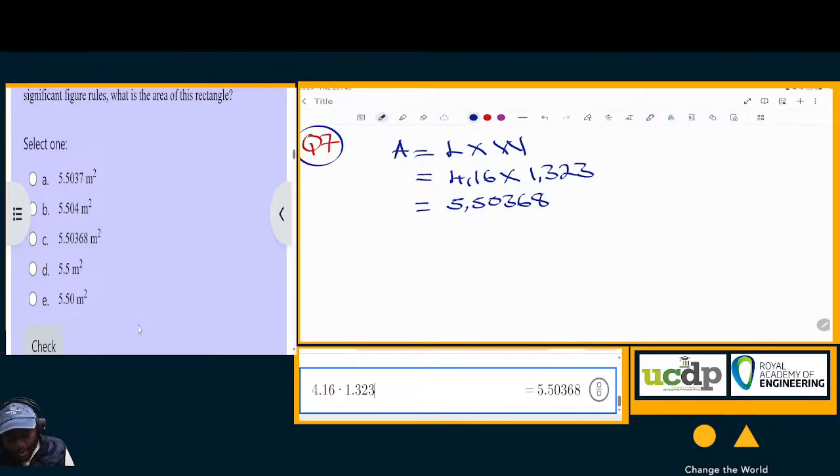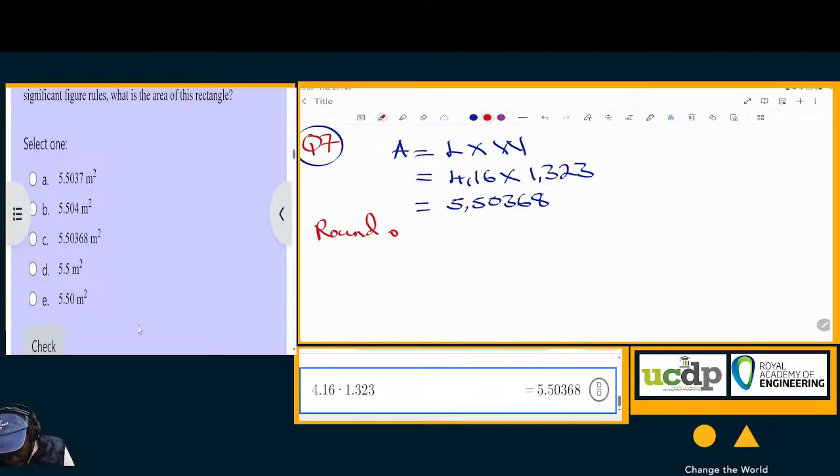But however, what does the rule of significant figures say when you've got multiplication or factors that you're multiplying? So you round off to the factor with the least number of significant figures.